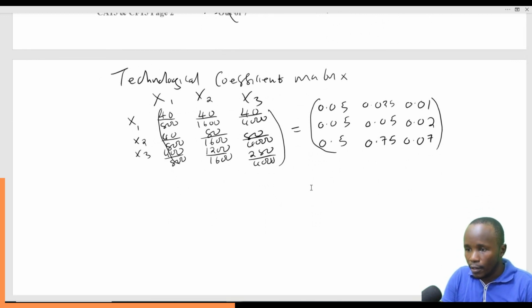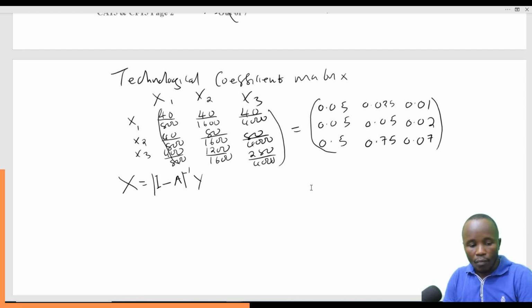From the input-output model, we know that for you to get the total output is I minus A inverse, where this is I, the identity matrix, inverse multiplied by Y, or multiplied by demand. So I need to find I minus A. Here, this is a 3 by 3 matrix.